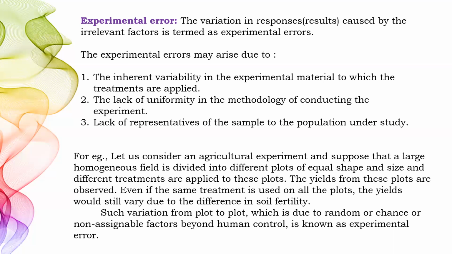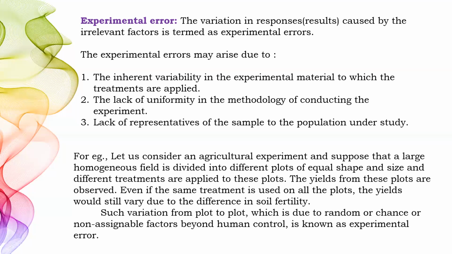So I have taken one example here. Let us consider an agricultural experiment. Suppose we are taking a large homogeneous field which is divided into different plots of equal shape and size, with different treatments applied to these plots. The yields from these plots are observed.